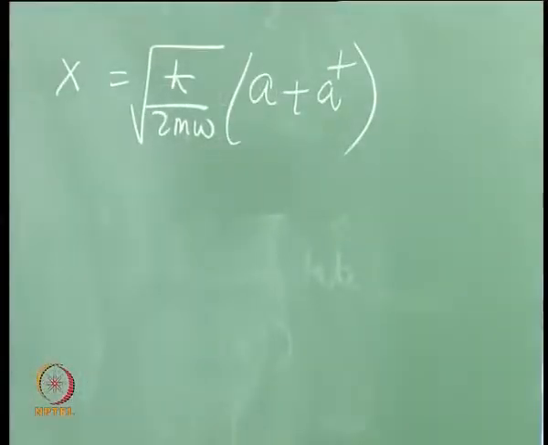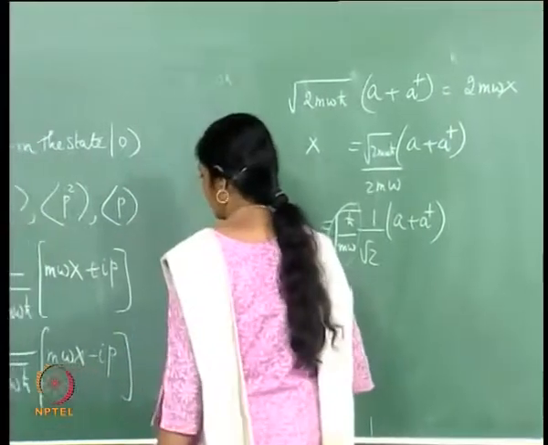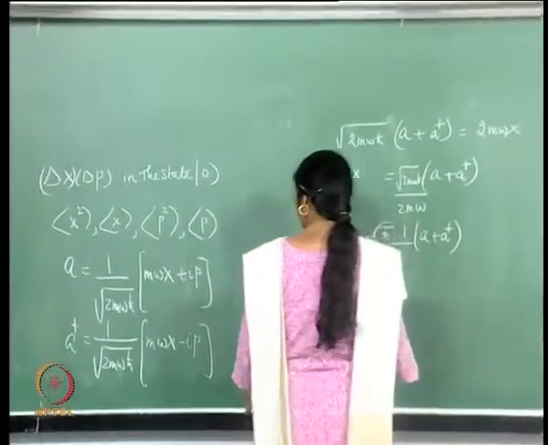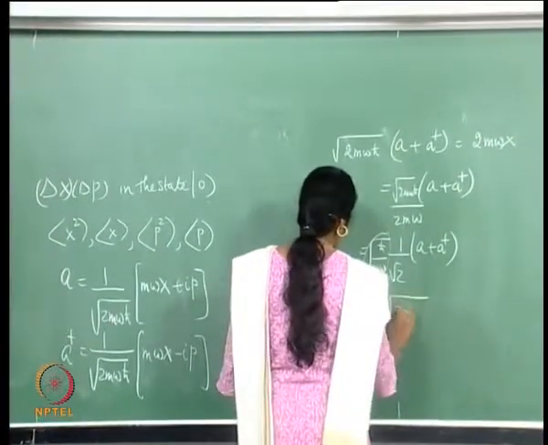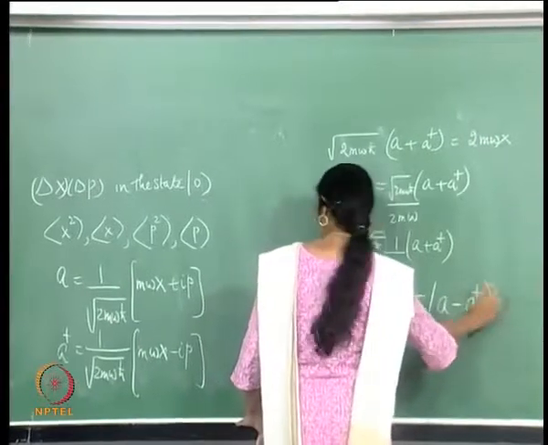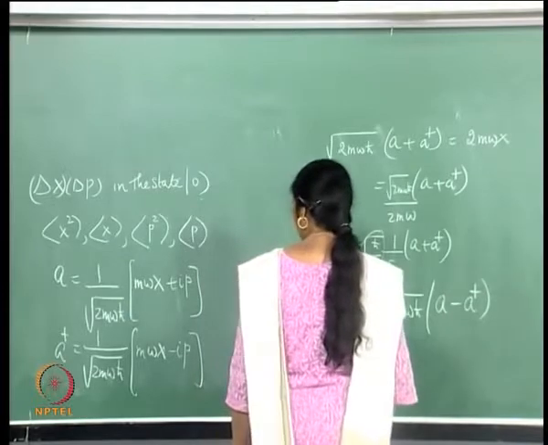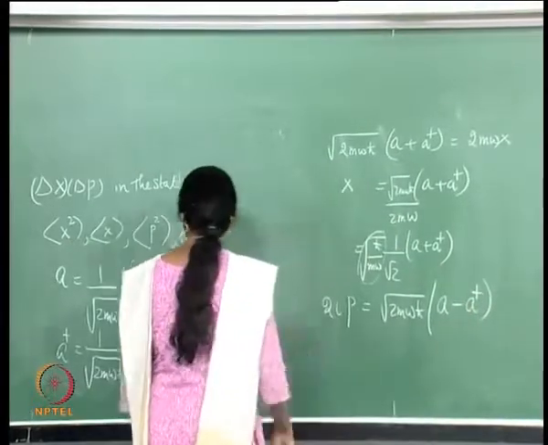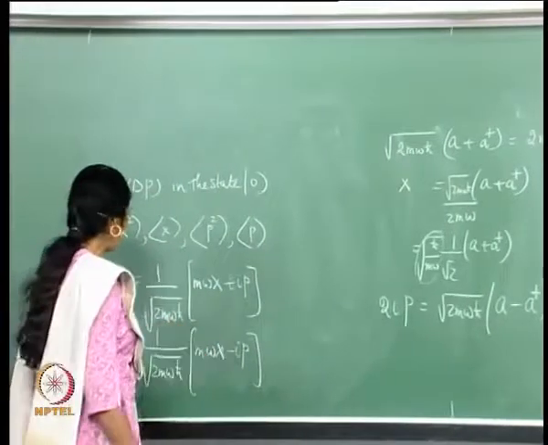Similarly, I can find out p by subtracting one from the other. So root of 2 m omega h cross times (a minus a dagger) is 2 I p. I have just subtracted one from the other.